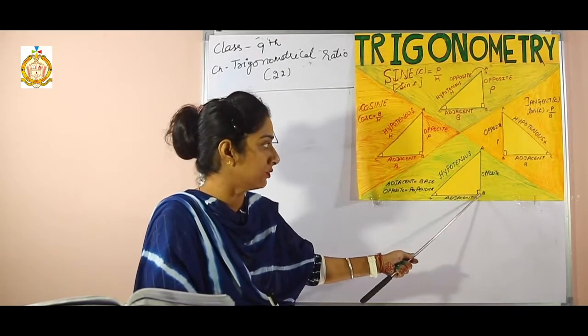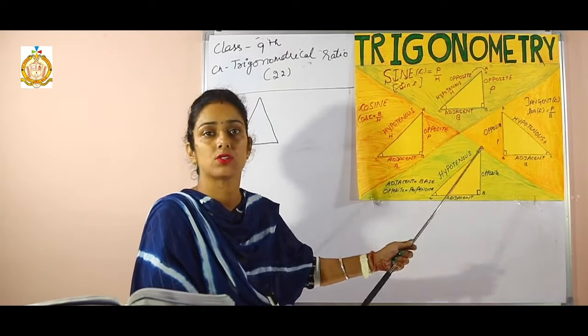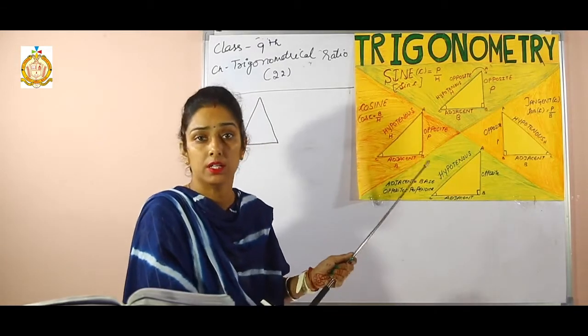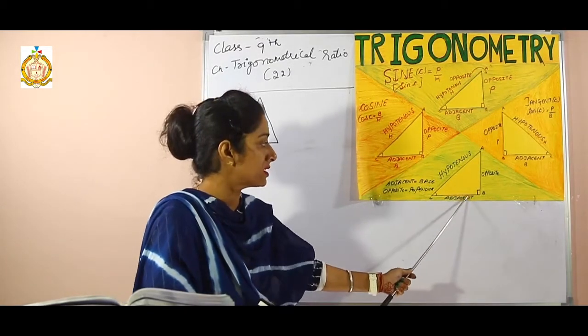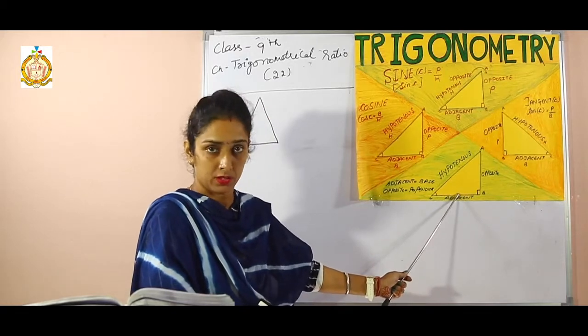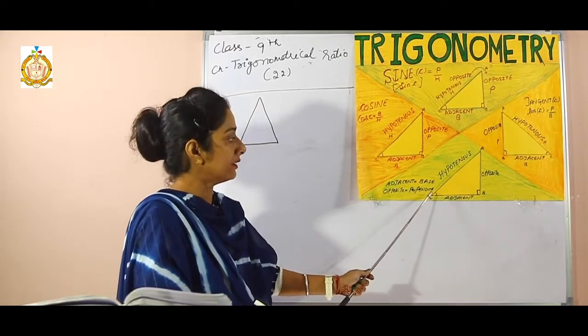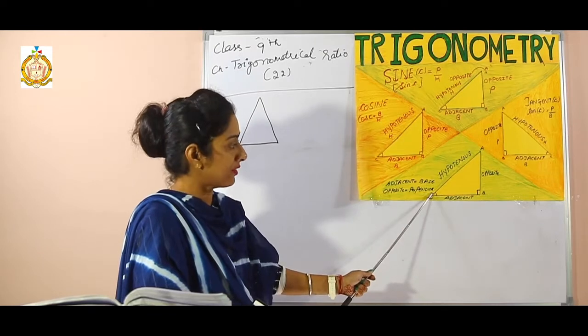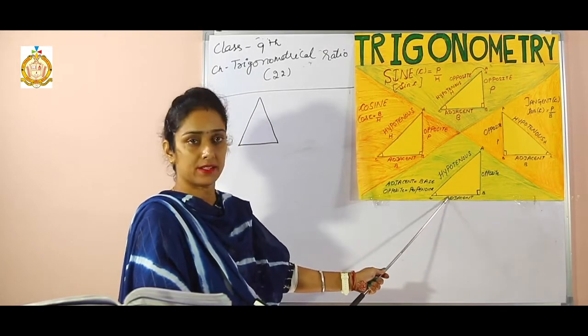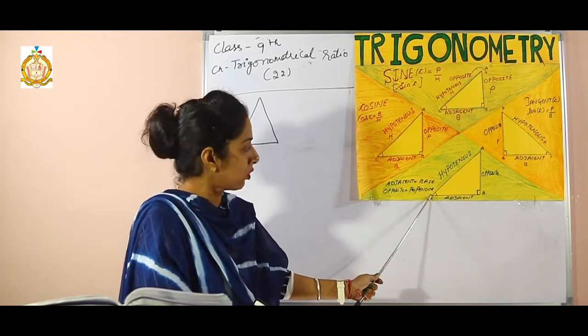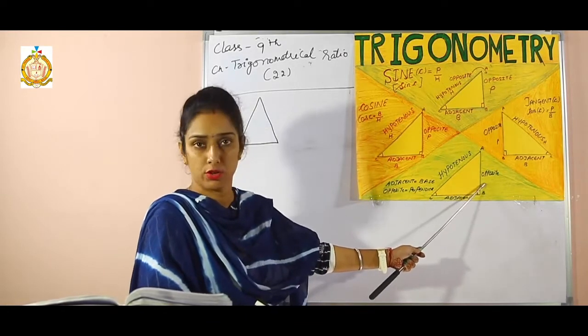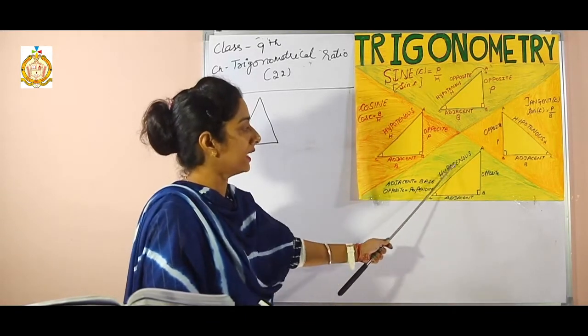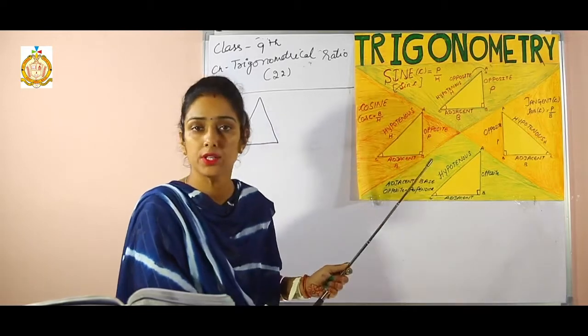The line with the 90 degree angle is called the perpendicular, and this is called the baseline, right? We can also say that the side with the angle is called the adjacent side, the side opposite to the angle is called the opposite side, and the longest side is the hypotenuse.